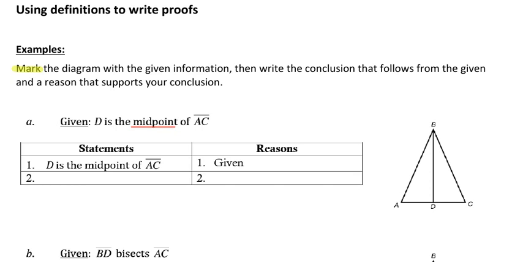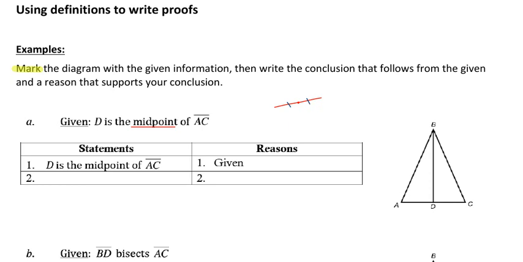So if you have a midpoint, such as, let's say this, then that midpoint will divide the segment into two equal parts. And these are the marks that we need to show that we have two equal parts as a result.